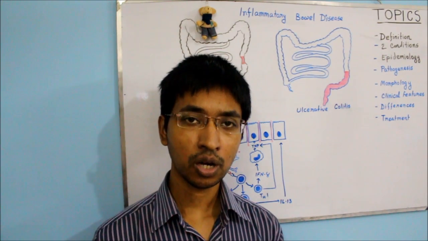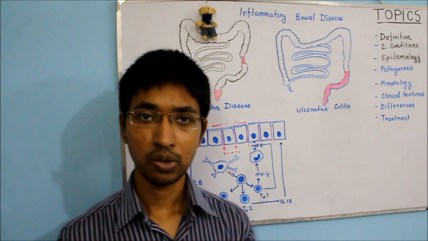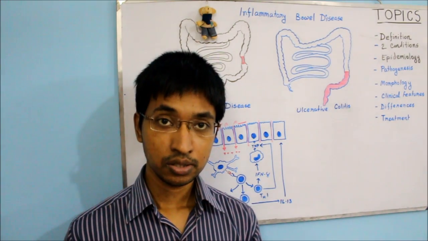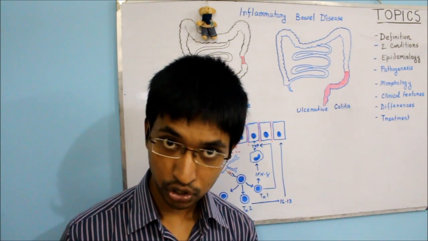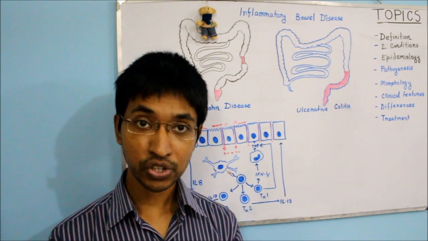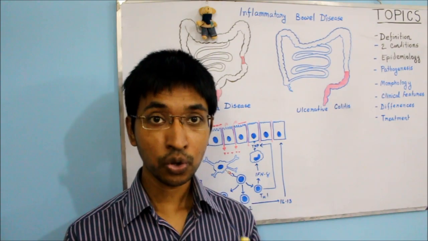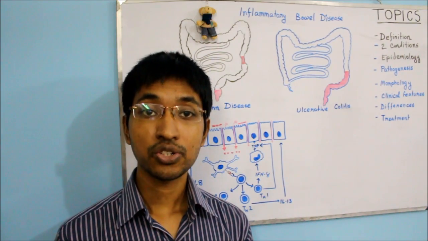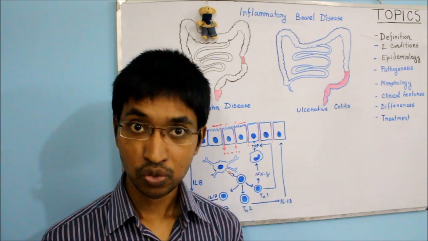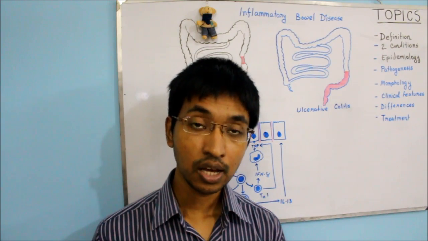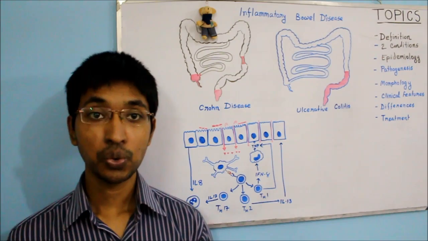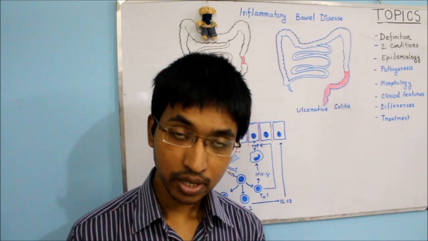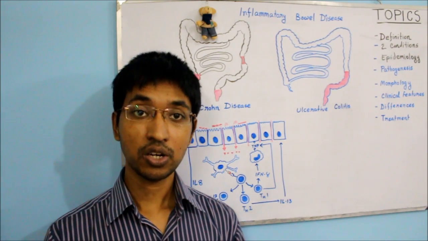And when we talk about the clinical features, we will also learn that it will have periods of active disease, and those periods will be interrupted by periods of asymptomatic time during which there will be no symptoms, and those asymptomatic periods can last for weeks to months. So always remember that inflammatory bowel disease is a chronic condition.